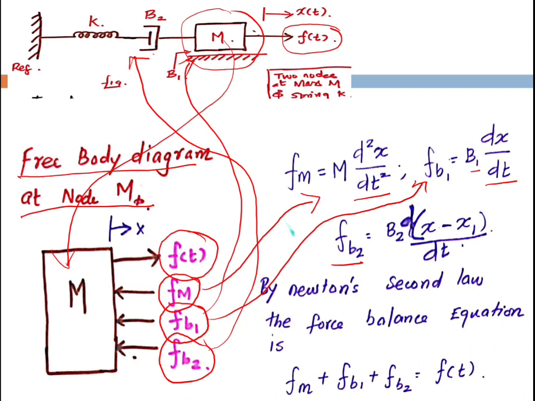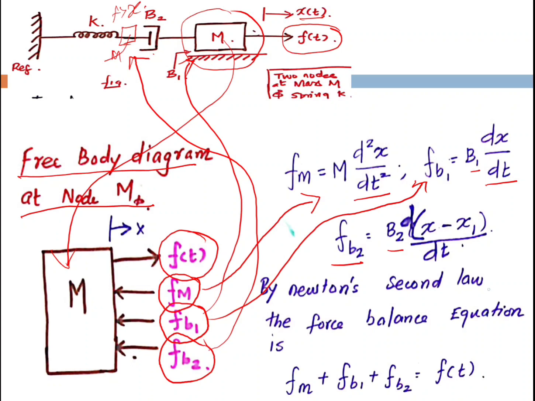This is in between mass element m and another mass element which we have assumed is in between K, that is the spring, and dashpot B2. The displacement with respect to mass element m is x of t, and the displacement with respect to the other mass element, m1, is x1. So Fb2 is equal to b2 into d of x minus x1 by dt.